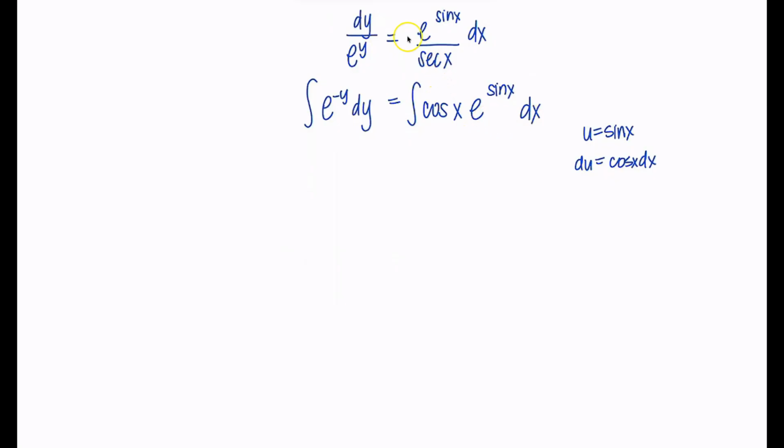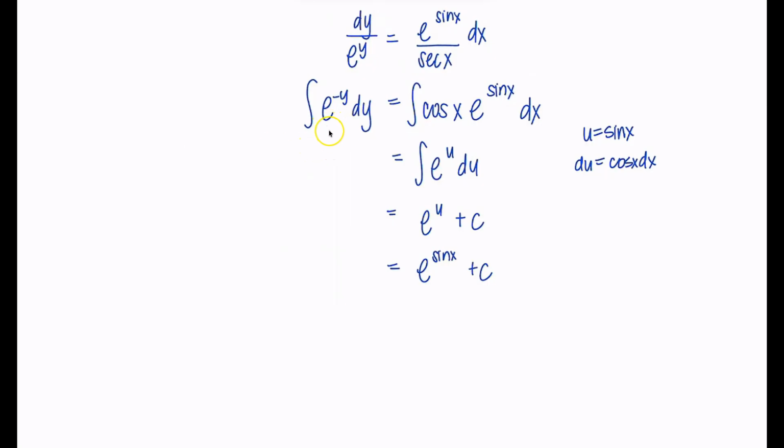That's why we wanted to recognize 1 over secant x is cosine x. So then the right-hand side just becomes integrating e to the u du. And let's finish that out. That's just e to the u. And we'll put our plus c on that side with the x. And then let's go ahead and replace u with sine x. So we have e to the sine x plus c.